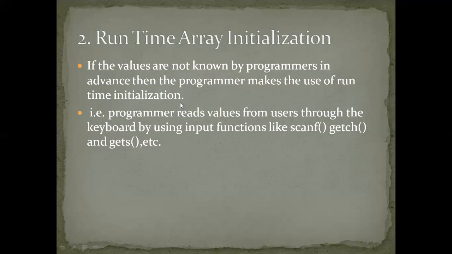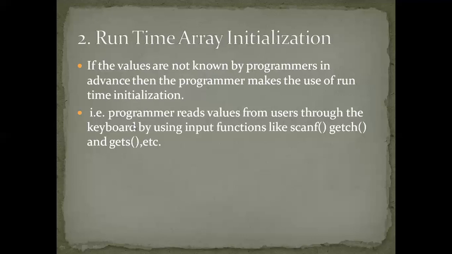It's very simple. In compile time array initialization, when we know the values in advance, we go with compile time array initialization. If the values are not known by the programmers, then we go with runtime array initialization.